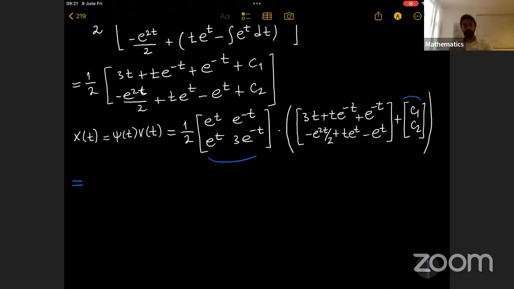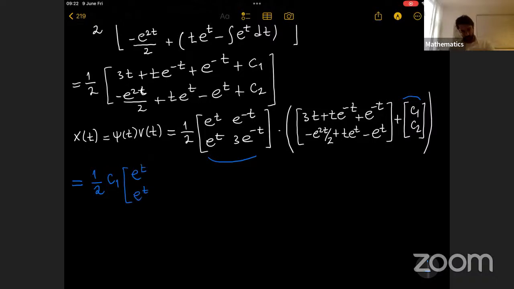When you multiply this matrix with this vector, basically you will get 1 over 2 C1 times e to the t, e to the t.